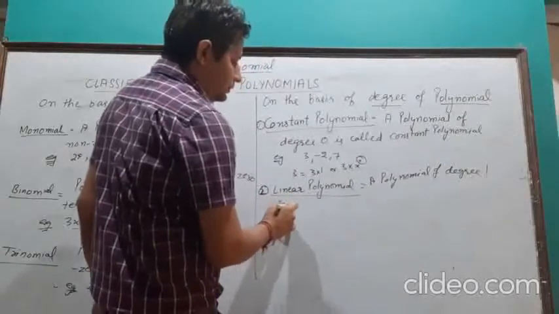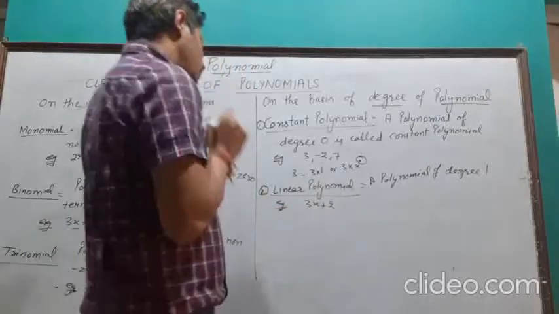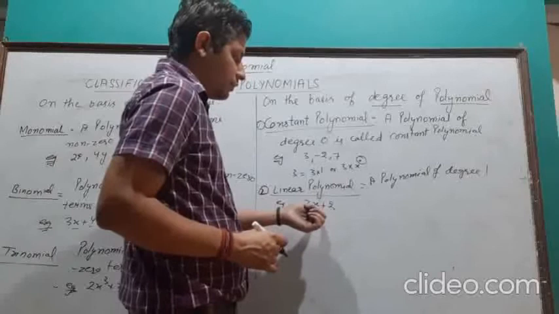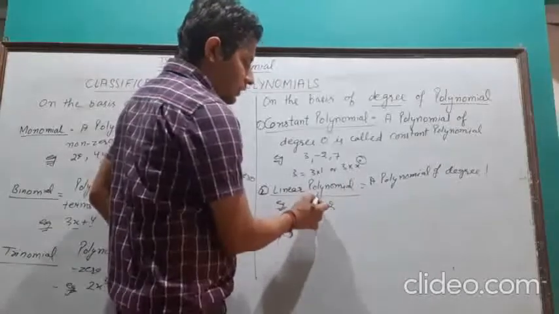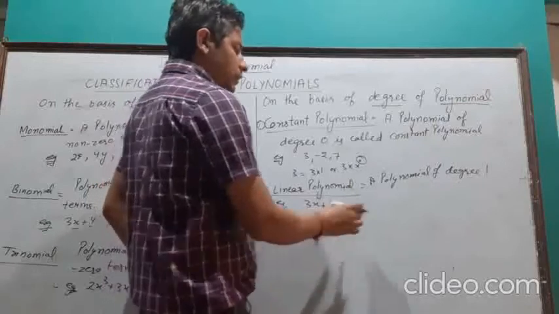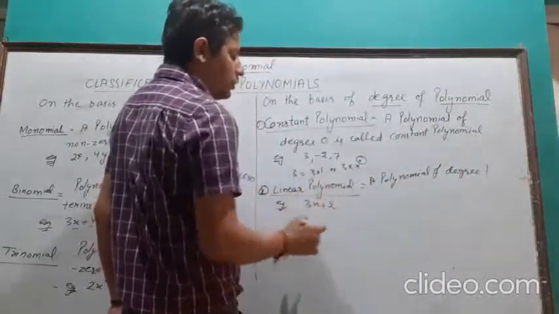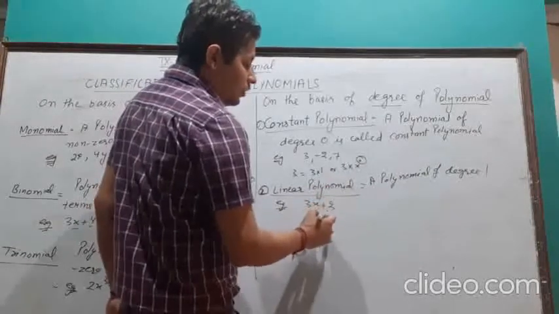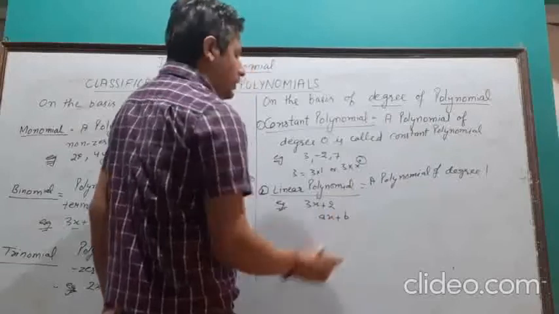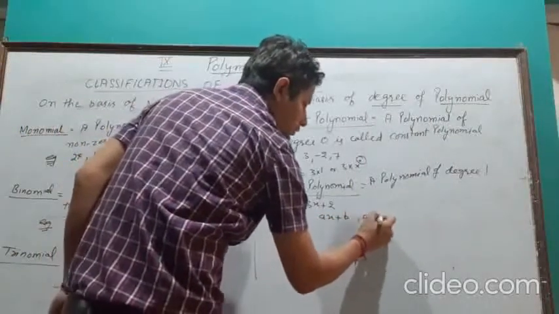Example: 3x plus 2. Here we observe the highest power of the variable is 1. So the degree of this polynomial is 1. If the degree of a polynomial is 1, then it is called linear polynomial. The general form of the linear polynomial is ax plus b, where a should not be equal to 0.